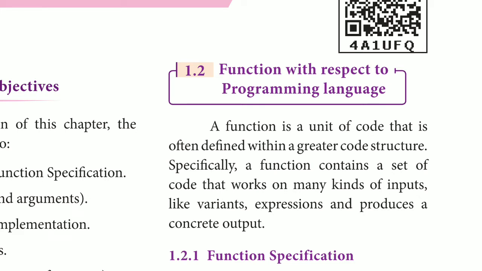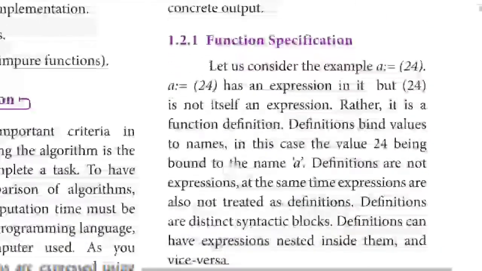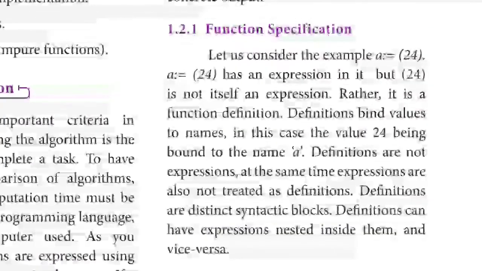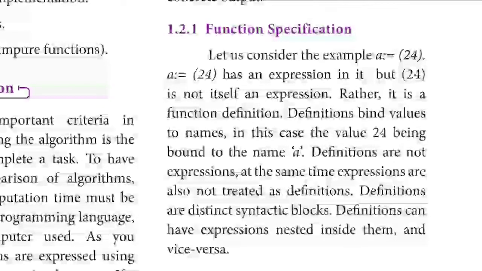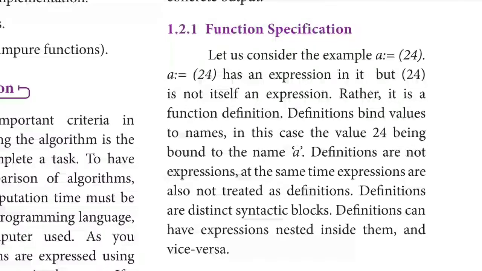If the input given to the function is not clear, then it will affect the output of the function. So here you have to specify the input. That is function specification.